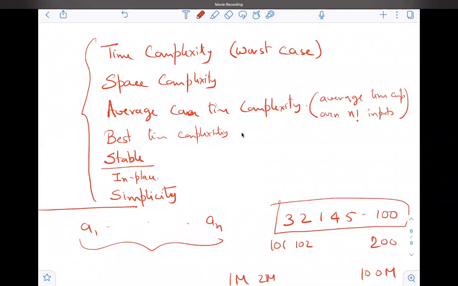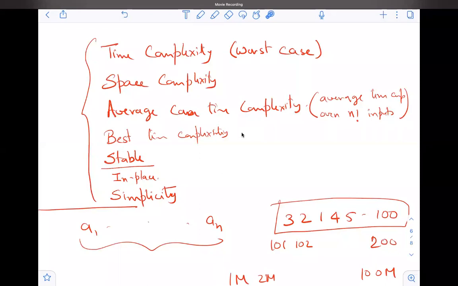So we will be, in the next few classes, going over some of the sorting algorithms, and we will see how these sorting algorithms compare with each other in these various notions of importance or properties of a sorting algorithm.